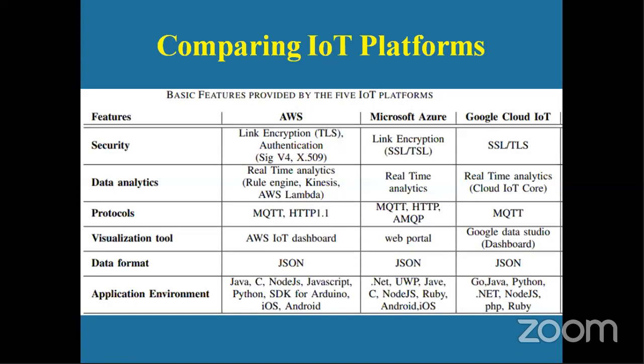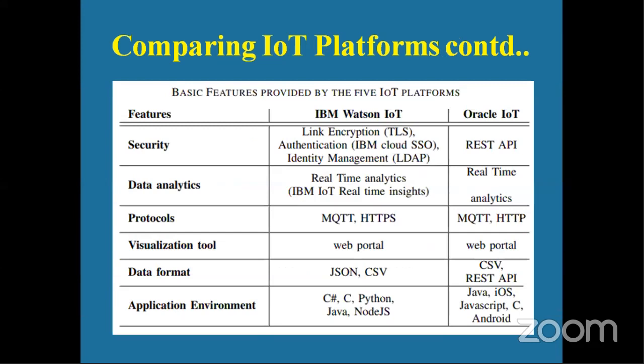Finally we have to go for custom, self-made platforms instead. So this is the comparison of AWS, Microsoft Azure, and Google Cloud IoT. And then there are two more very important IoT platforms available in the market: one is IBM Watson, and the next one is Oracle IoT. These are the major players.